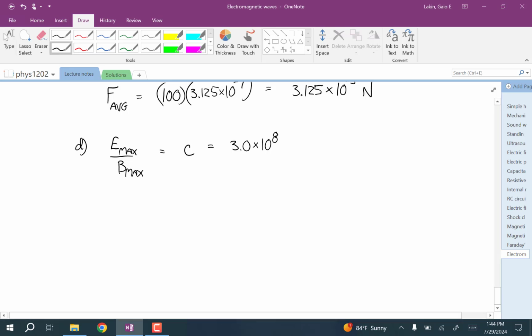And so we rearrange this equation, and you get that B max is equal to E max over c.